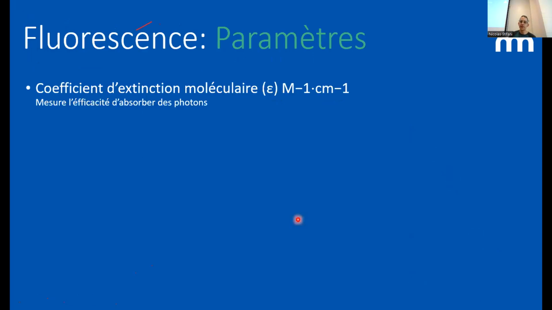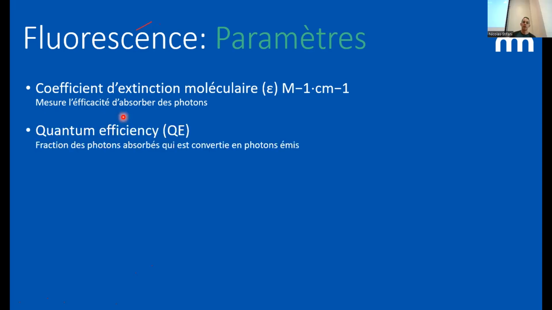There are several parameters that are very important for fluorescence microscopy. The first one is the molar extinction coefficient. It's basically how many photons get absorbed by the molecule. It's noted epsilon, and it tells you whether your molecule is absorbing photons easily or not.